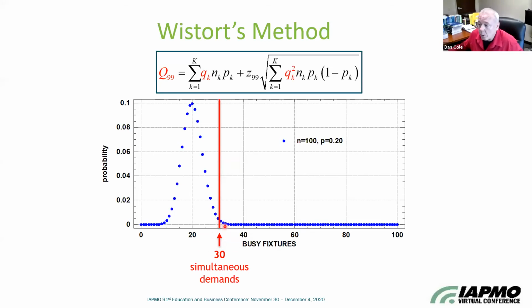We multiplied the 100 by 5 fixture units each for 500 fixture units. You would size it for 30 at 120 gallons per minute. What the Wistort method does is provide a calculation where the result would be 120 gallons.